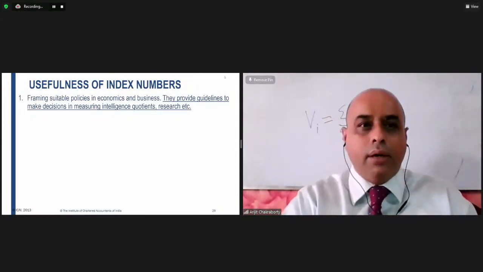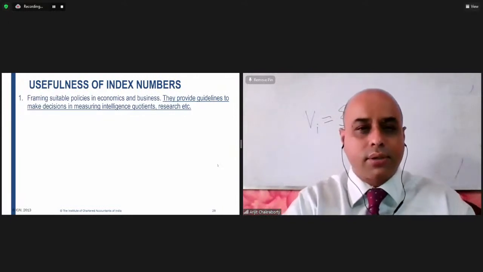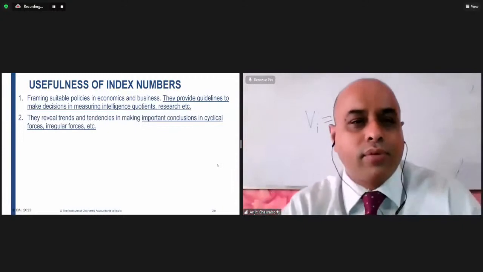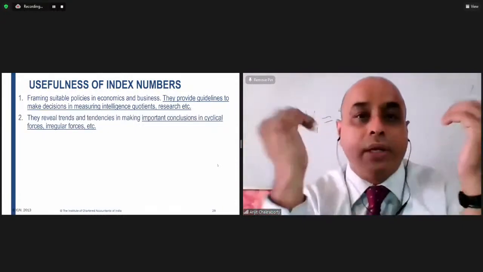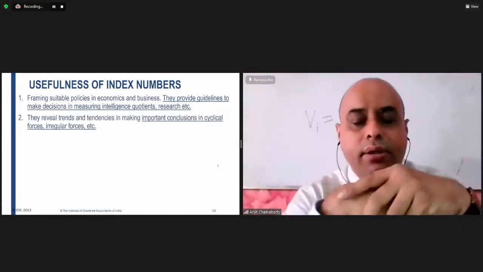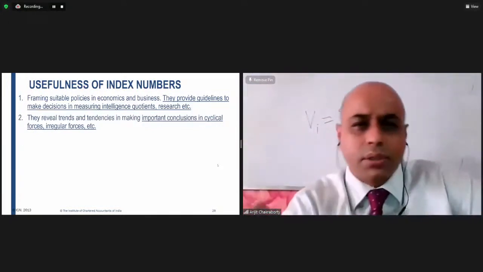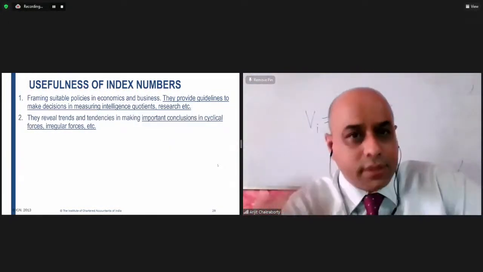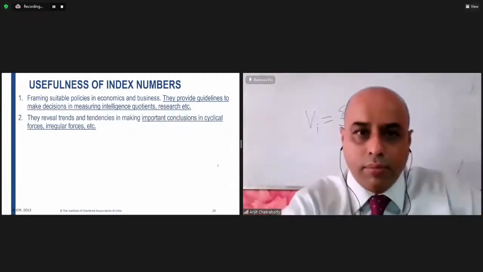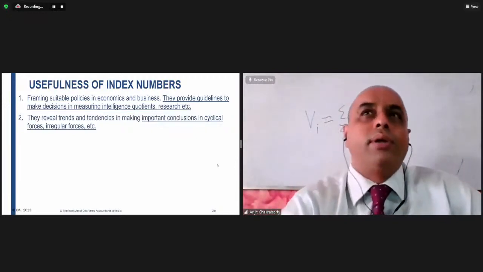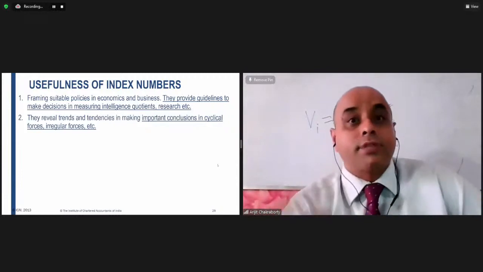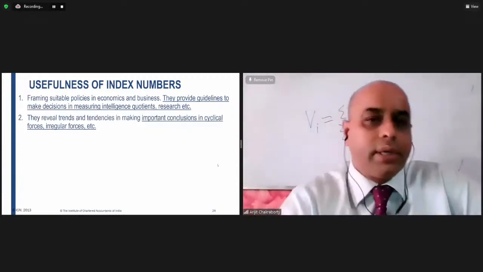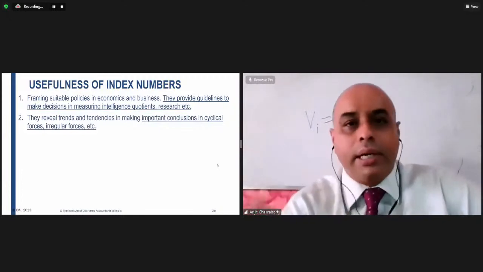Now, usefulness is definitely a part of our chapter. Index numbers provide guidelines. You can take intelligent guesses about the economy. If you look at any website or research paper on the Indian economy, on the stock market, on whether we are reviving, what has been our growth in the last 5 years, you will find in every case they refer to certain index numbers.